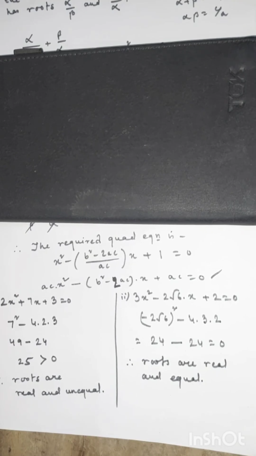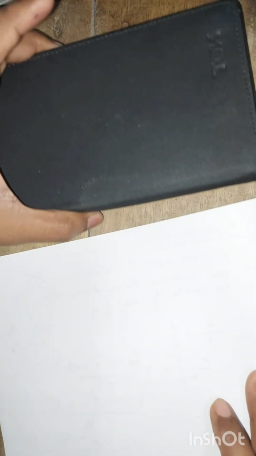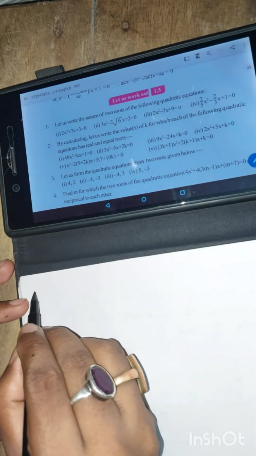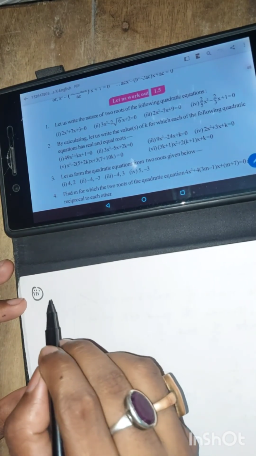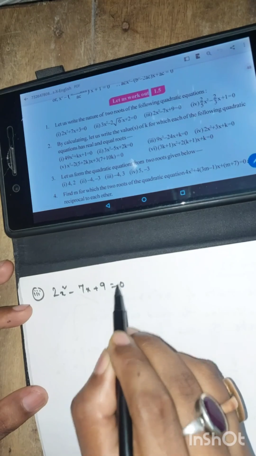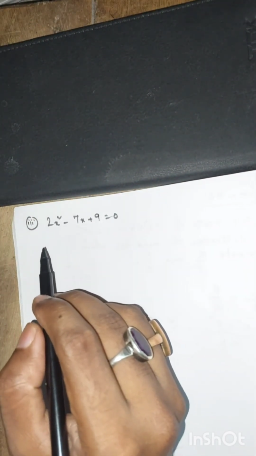Now let us proceed to Roman 3. So b square minus 4ac.